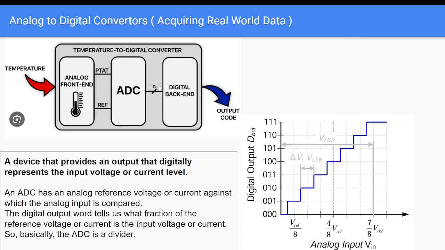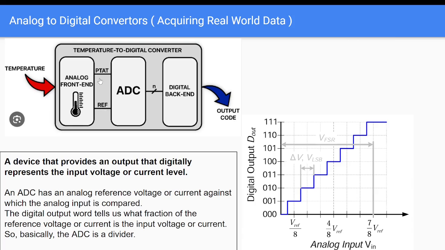So here N means the information at the voltage level gets converted into N bits, and the digital side makes those N bits available as an output for the designer, for the user, or for any other application needs. The important thing in the operation of an analog to digital converter is the reference voltage.